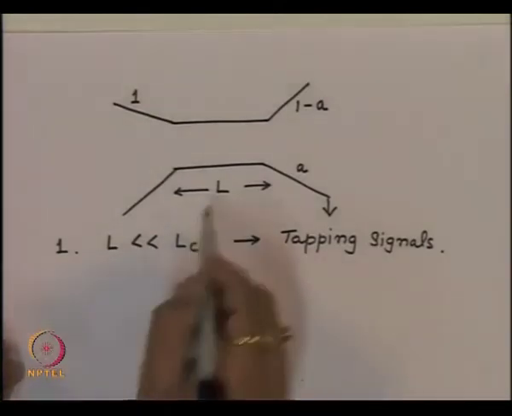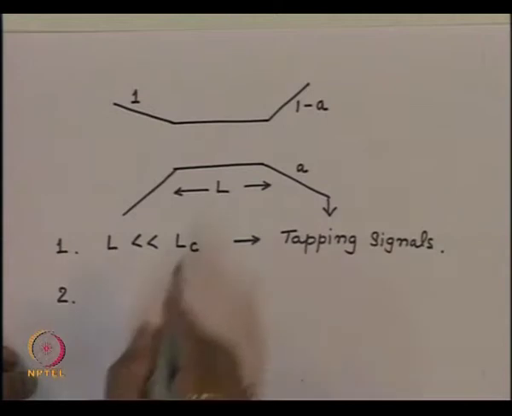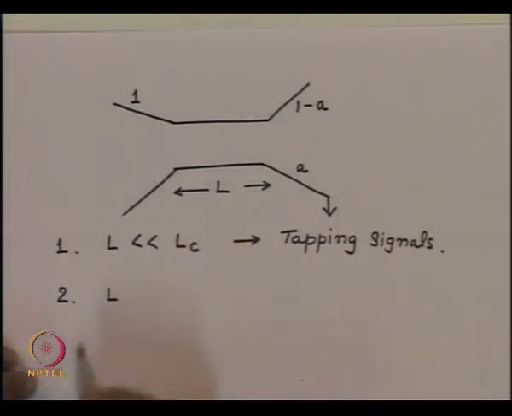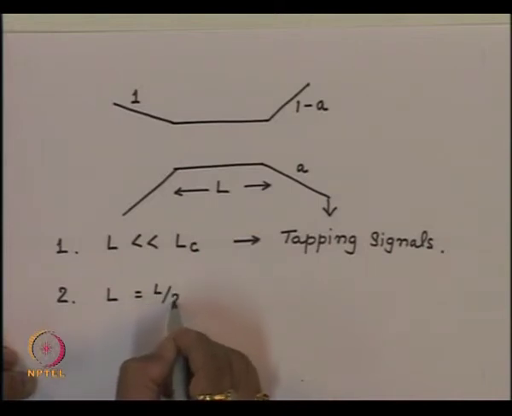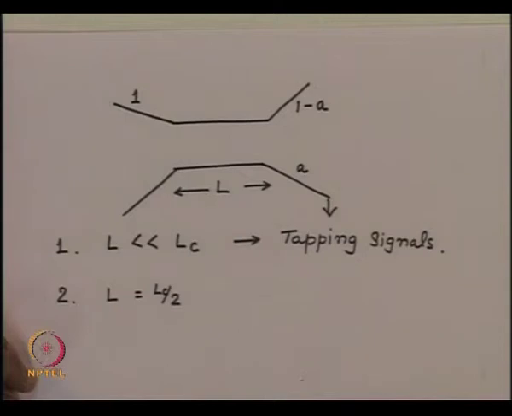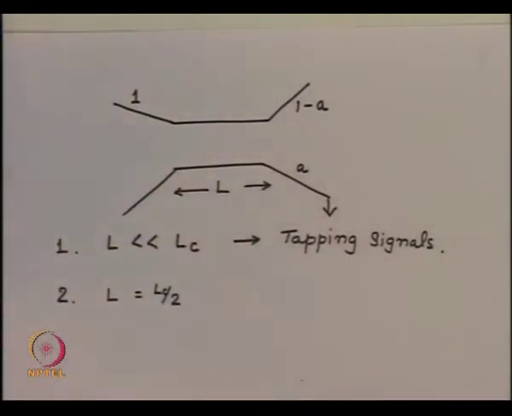If you make L substantially large, in the second case, let us say I make L equal to LC by 2. If this length is half of the coupling length, then half the power would have come to this point, and beyond that point you separate these waveguides.